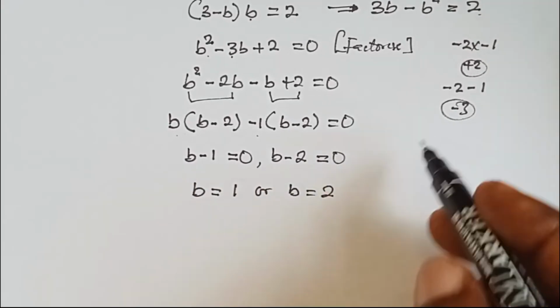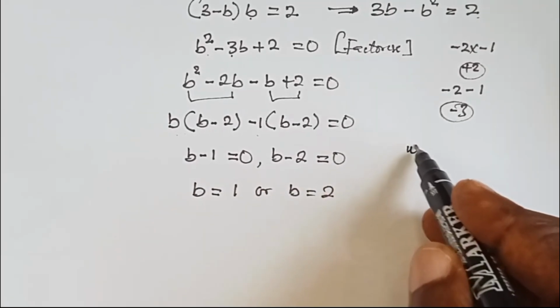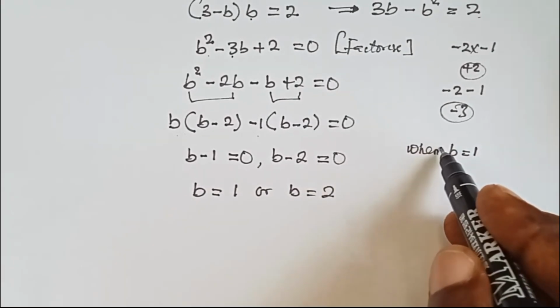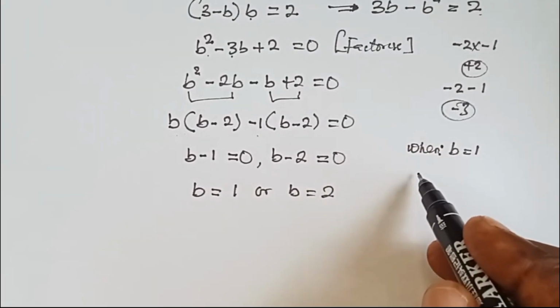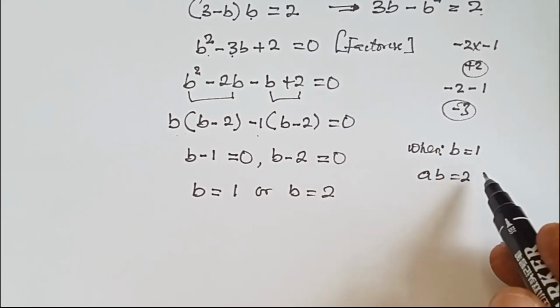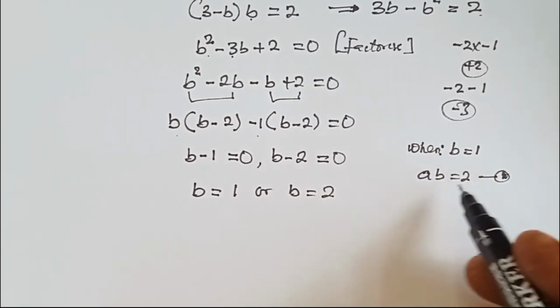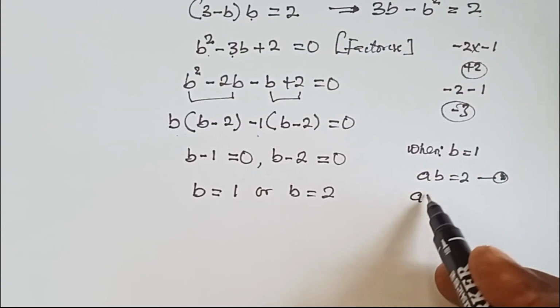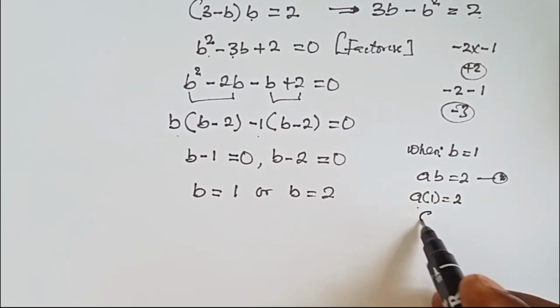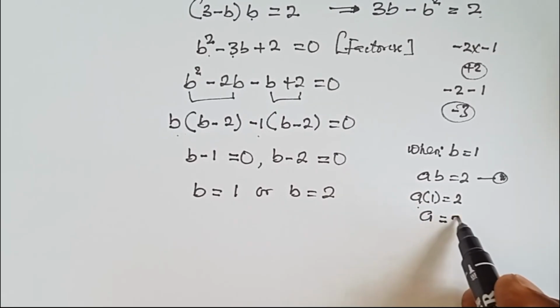From ab equals 2, that is equation 2, when b equals 1, a times 1 is a, so a is 2.